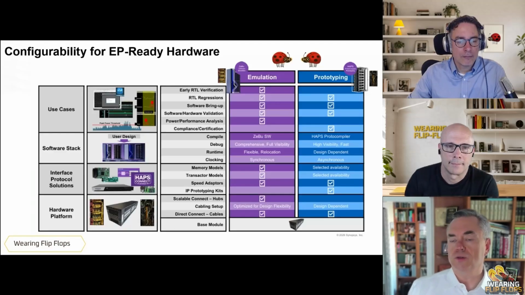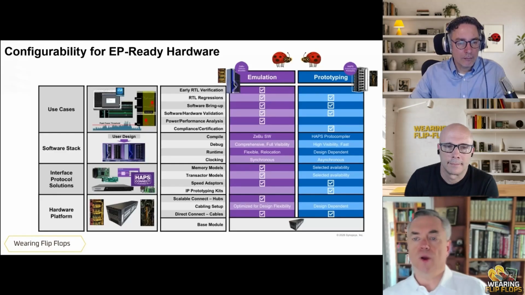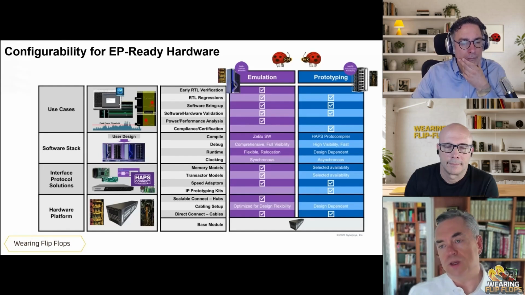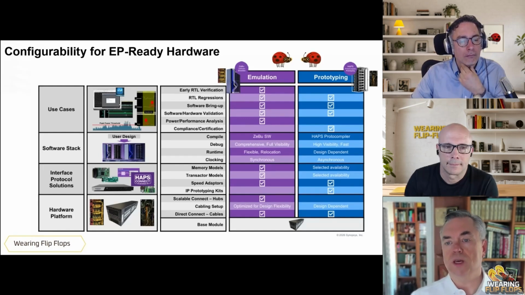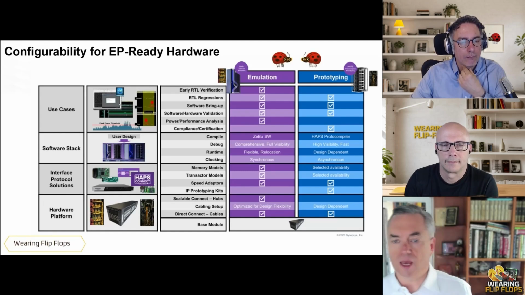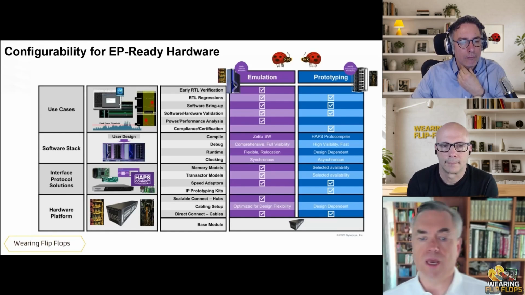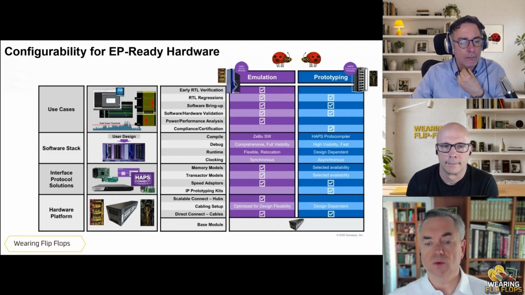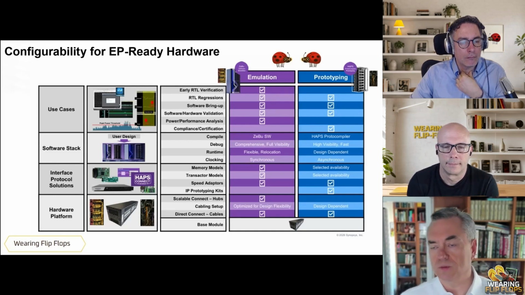For startups, it's especially interesting to not have to make an emulation versus prototyping purchase decision early on. So our EP-ready hardware allows you to reconfigure between emulation and prototyping use cases, as you see at the top there, by changing the software stack and by doing cabling either optimized for design flexibility or for design performance.